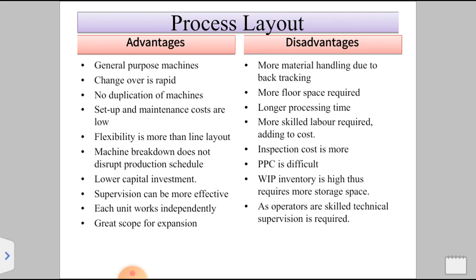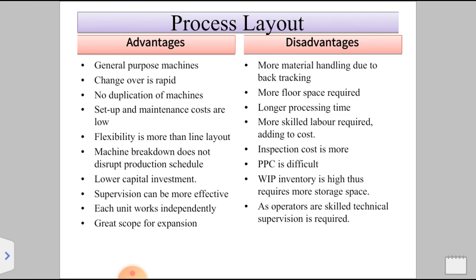Then lower capital investment, then supervision can be more effective, each unit works independently and a great scope for expansion. As I discussed, in the process layout the machineries are arranged according to the function, so there is a lower investment due to the minimum machineries.